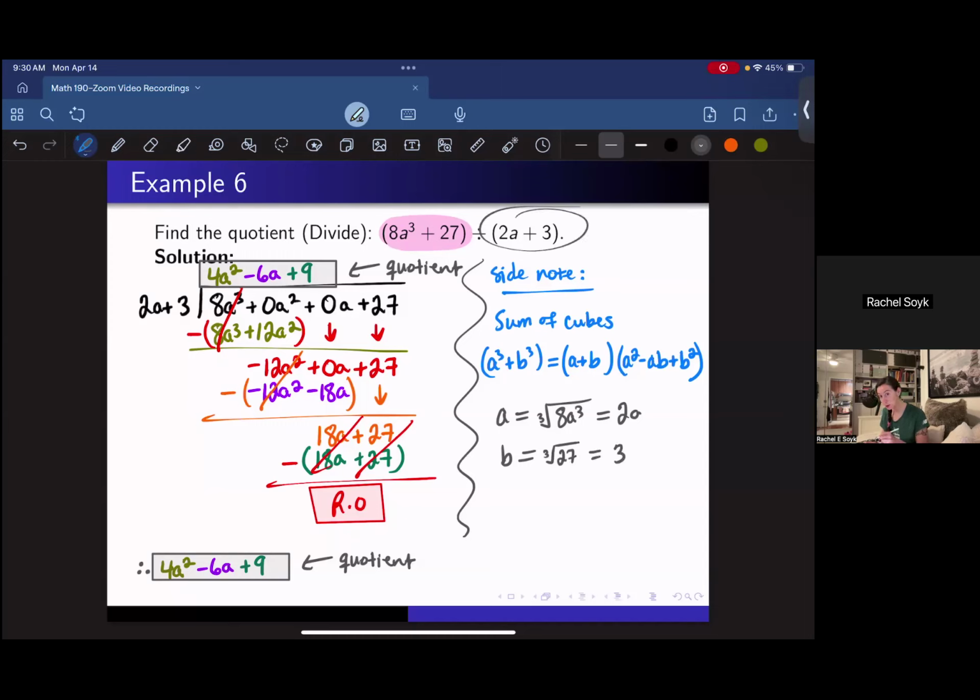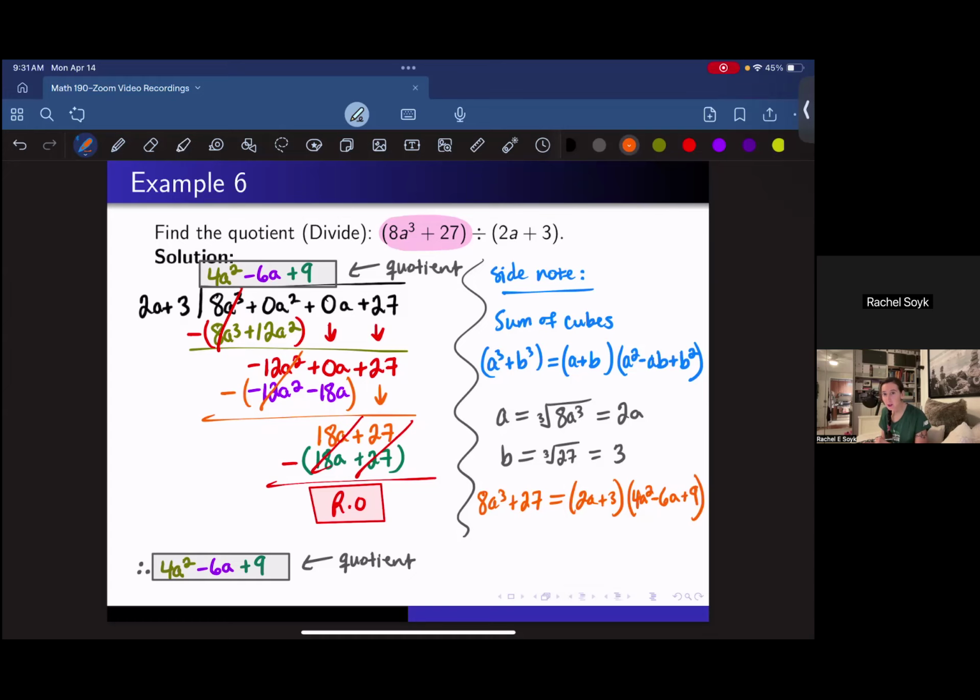Ooh, 2a plus 3. So we can really break that up. Let's use orange. 8a cubed plus 27 is equal to 2a plus 3 in parentheses. Our a squared is just 4a squared. Watch this be the quotient. Minus our ab is minus 6a. Plus b squared is plus 9.